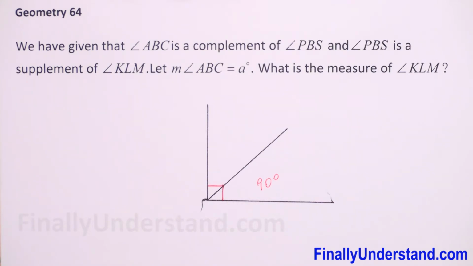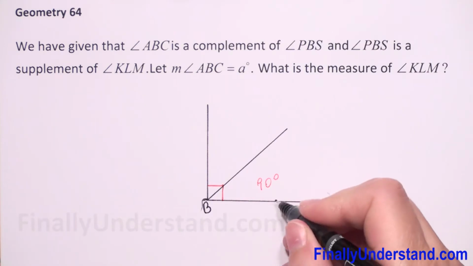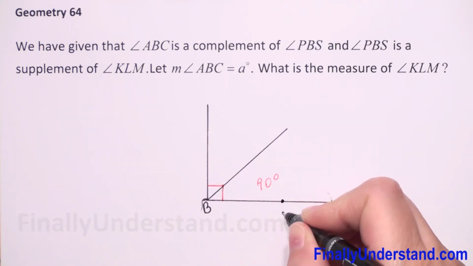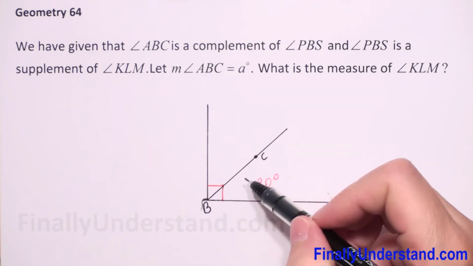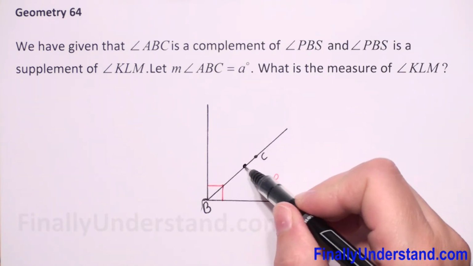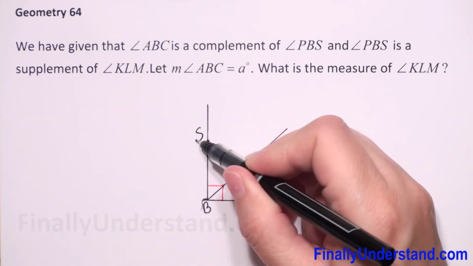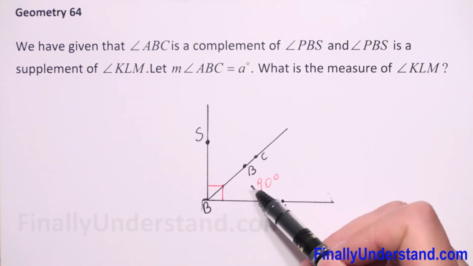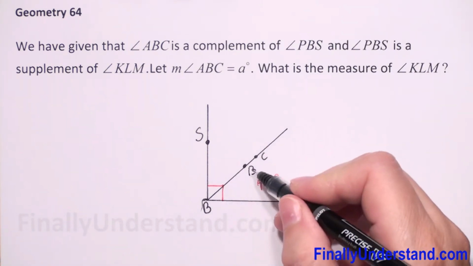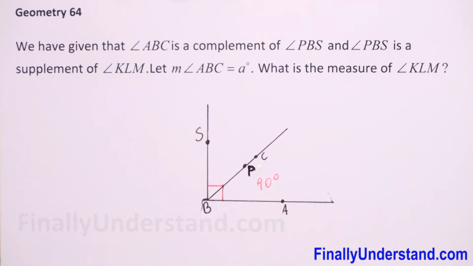And this is our vertex B. This is angle ABC, and this is angle PBS. What else are we given? Here we have P.